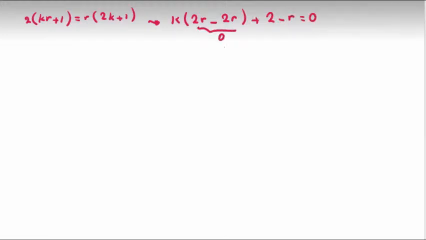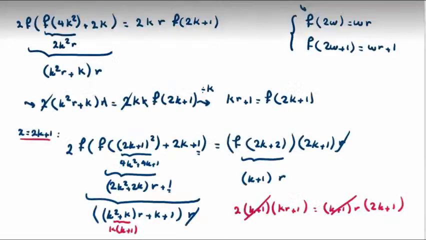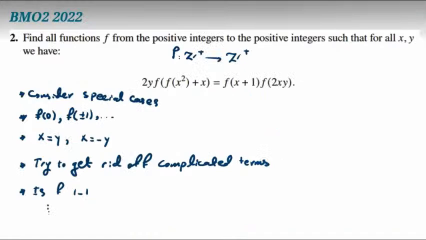So this part is 0, so we conclude 2 minus r is 0, so r equals 2. Because r equals 2, we conclude it is 2w, and this part is 2w plus 1. So it means what? f of x is x, because for both even and odd we have this. Now, at the end, you should check in the main equation whether the identity function satisfies it or not.